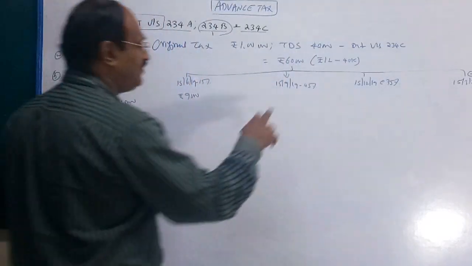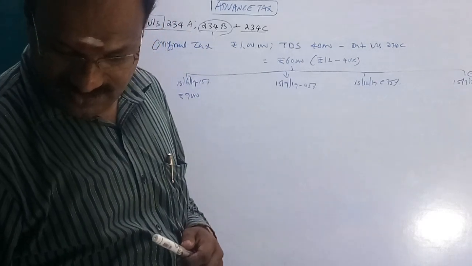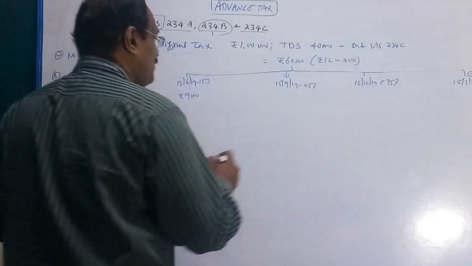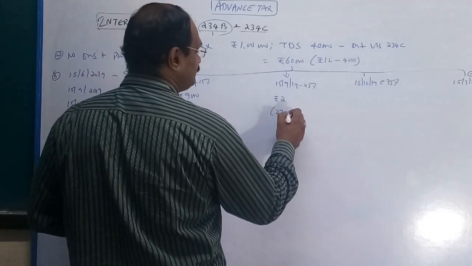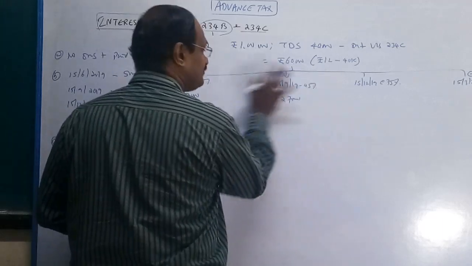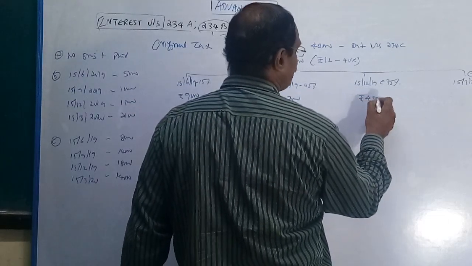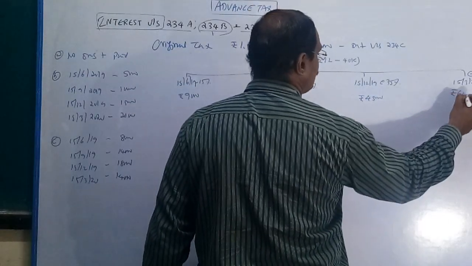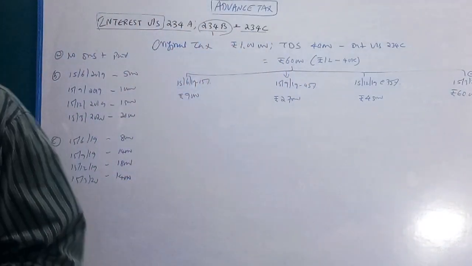Okay, 45% they have to pay. That is 60,000 into 45%. 9,000, 27,000, 45,000, 60,000. I am putting it in a cumulative format.